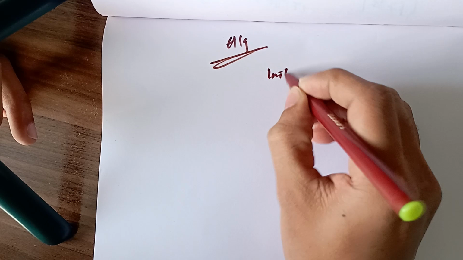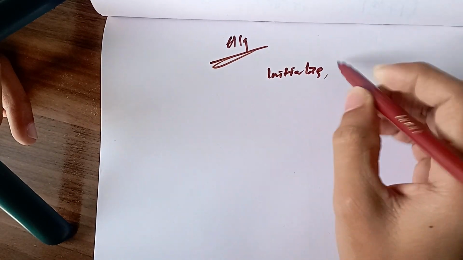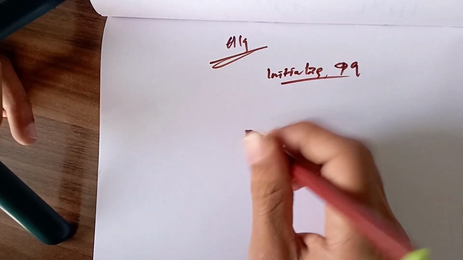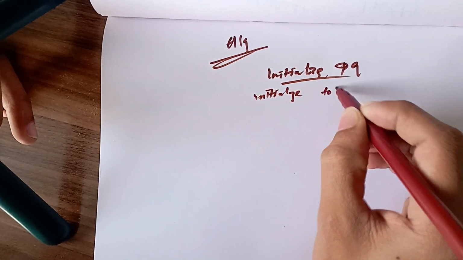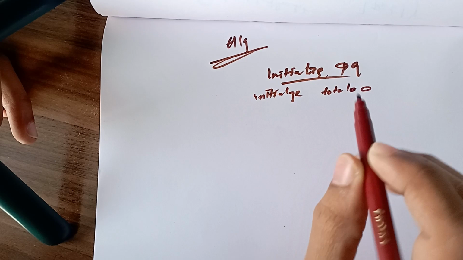Firstly, initialize priority queue, and then initialize total is equal to 0.